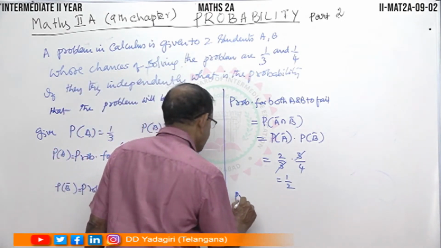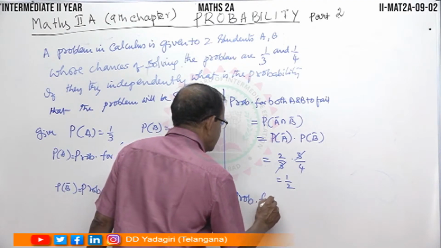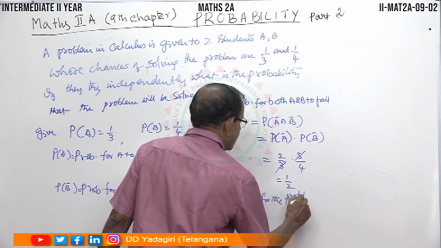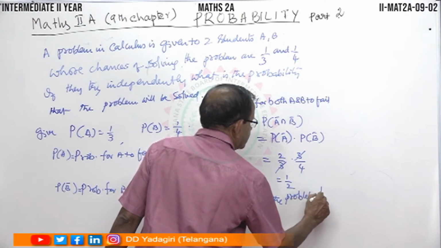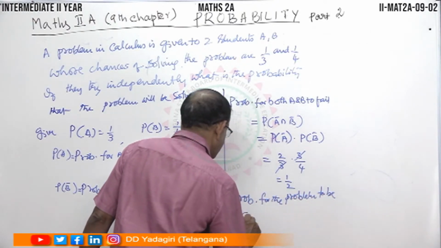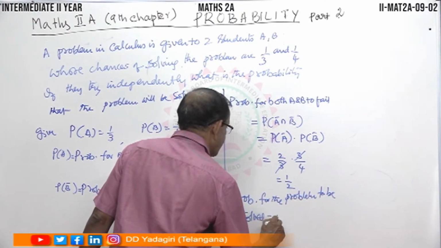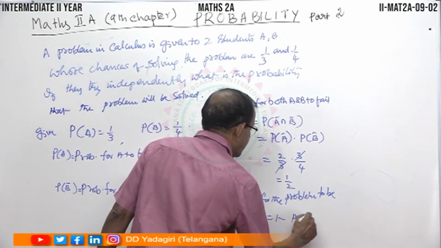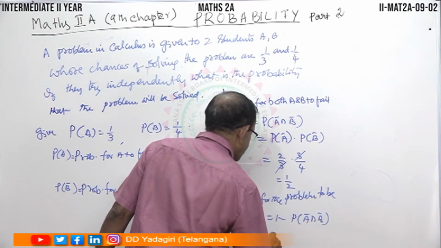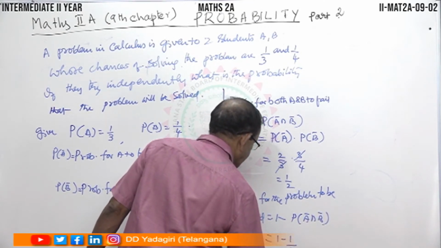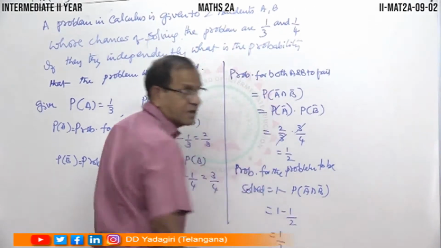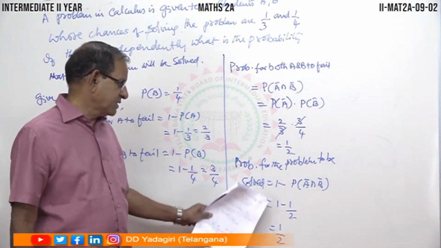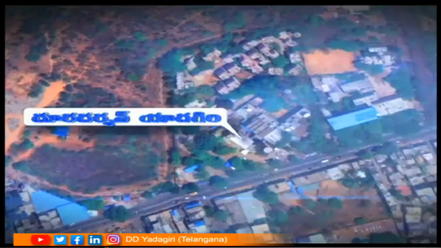Now probability for the problem to be solved is equal to 1 minus this probability. 1 minus P of A bar intersection B bar. That is 1 minus 1 by 2 is equal to 1 by 2. So, the possibility for solving that problem is 1 by 2.